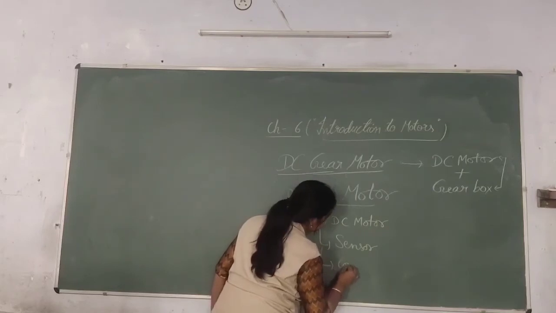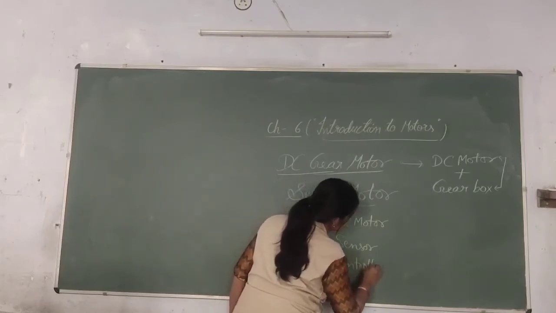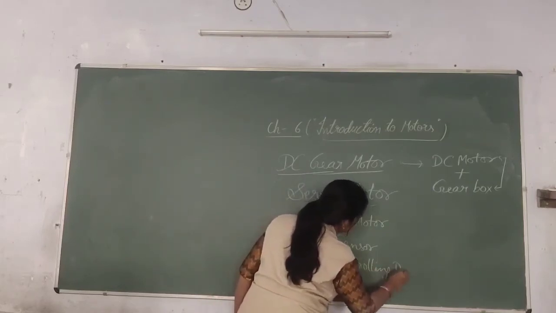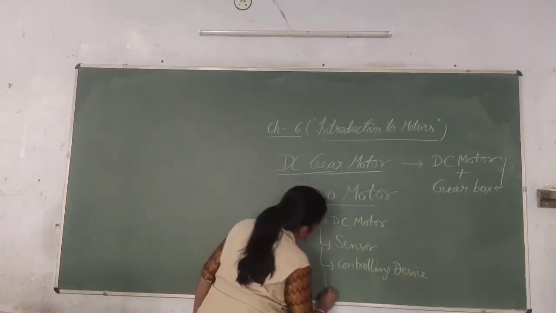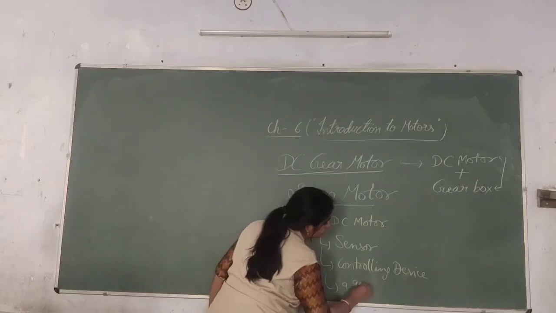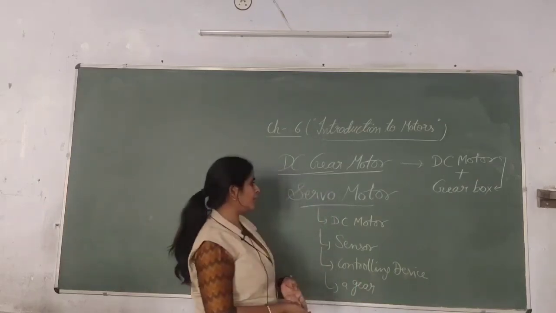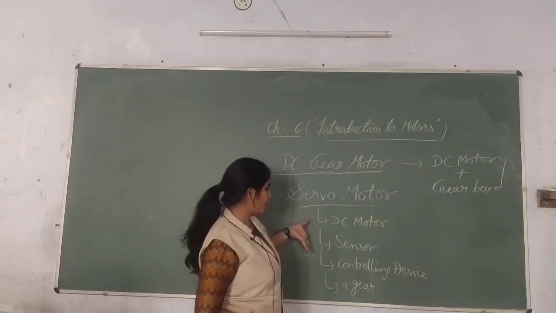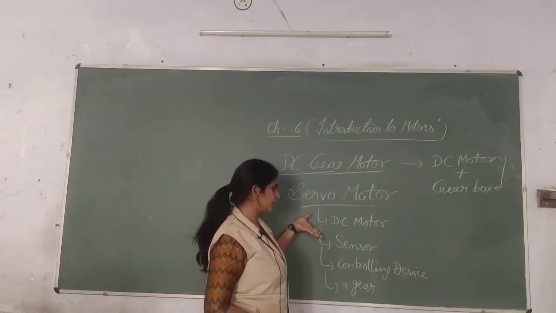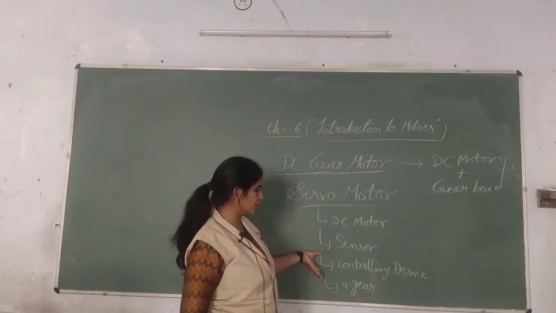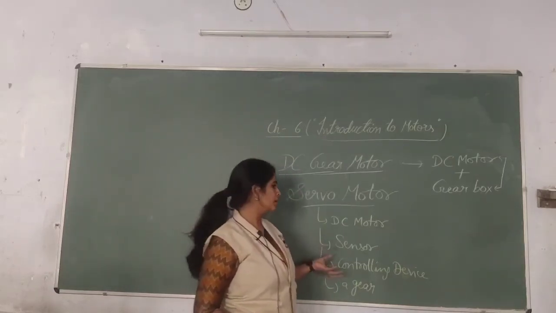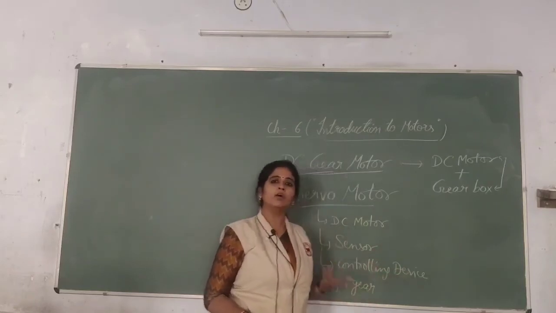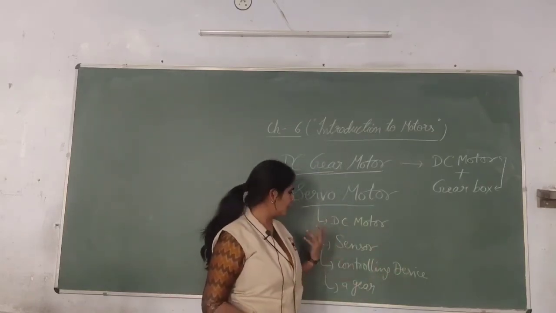Third one is a controlling device, and a gear to control the speed or angle. So servo motor has 4 components: DC motor, sensing device, controller and a gear to control the speed or angle of a particular robot or machine.